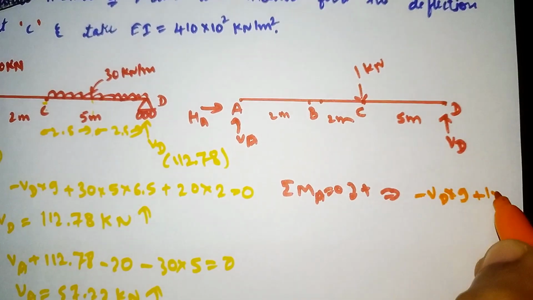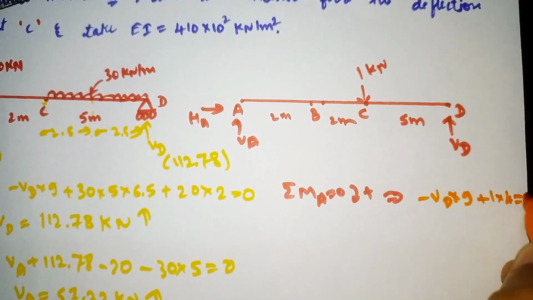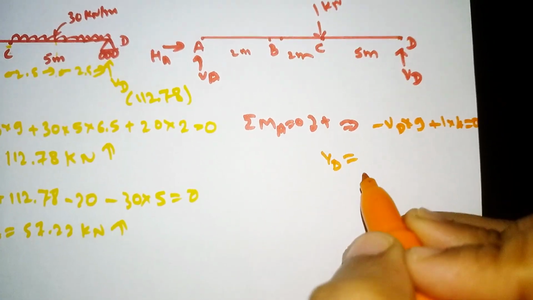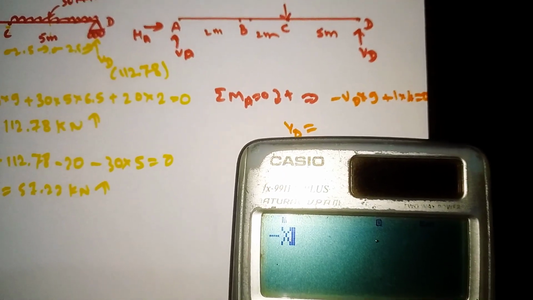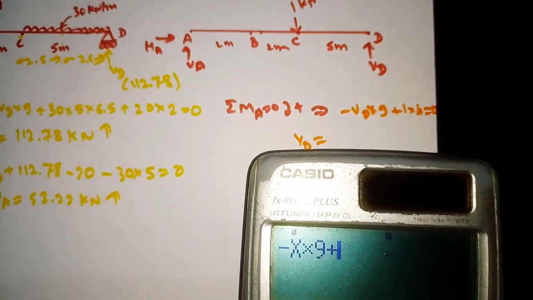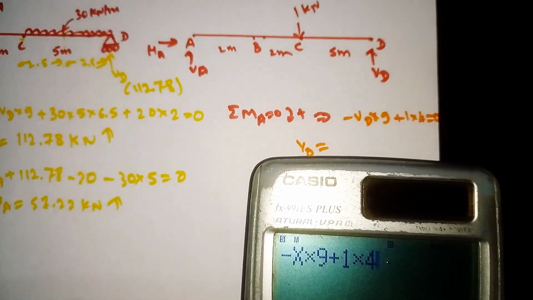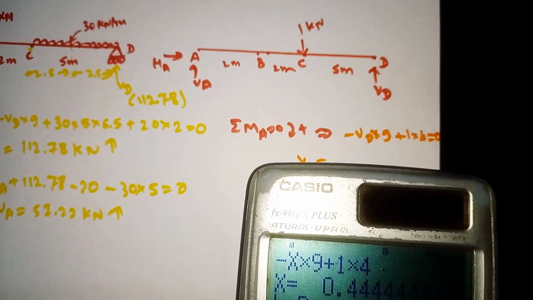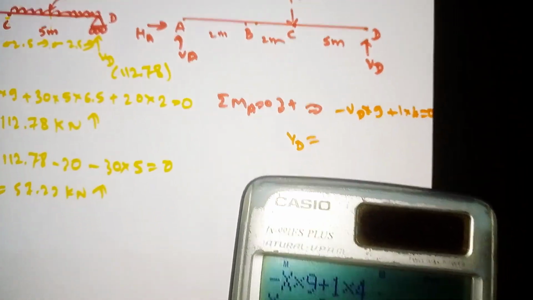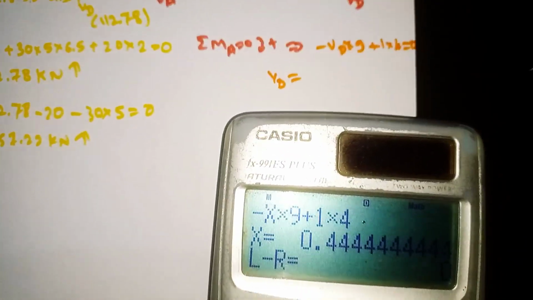So plus 1 into 4 is equal to 0. Now solve it. Our VD will come out as, x is nothing but VD, minus x into 9 plus 1 into 4 is equal to 0. Our VD value will come out as 0.44.